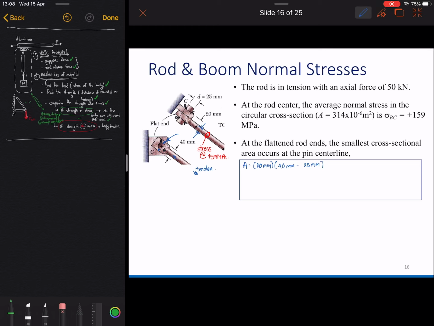That is this 40 subtracted by this diameter, so we get the area there.